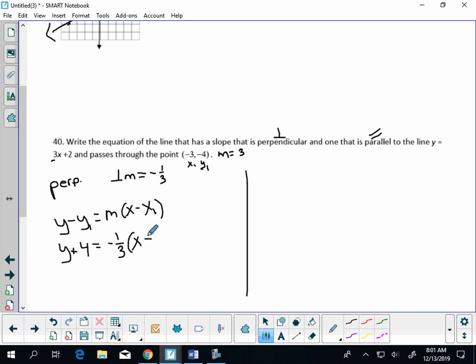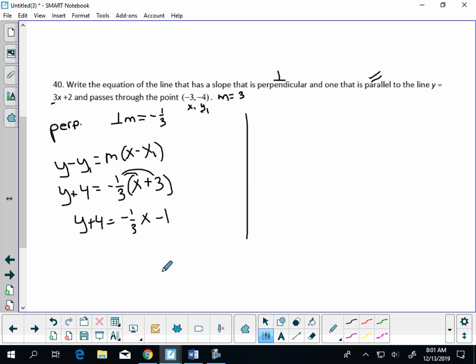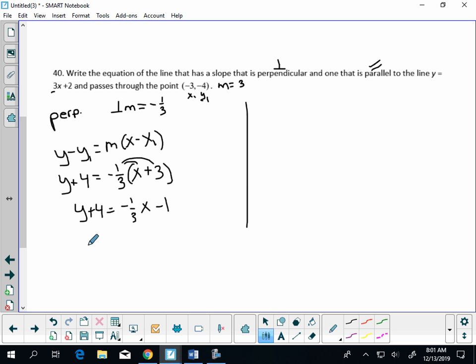X minus -3 is x plus 3. I need to distribute. Y plus 4 equals -1/3 x minus 1. I need to subtract 4 from both sides. I get y equals -1/3 x minus 5.